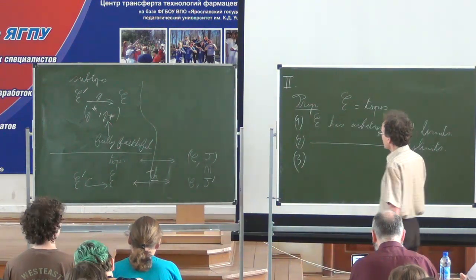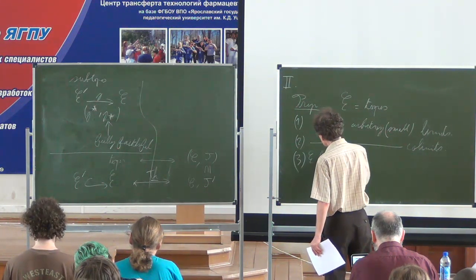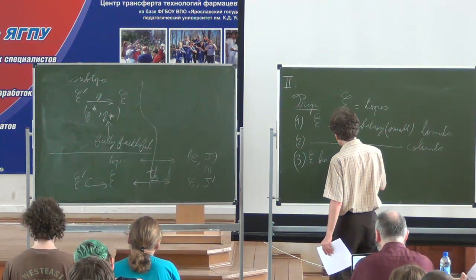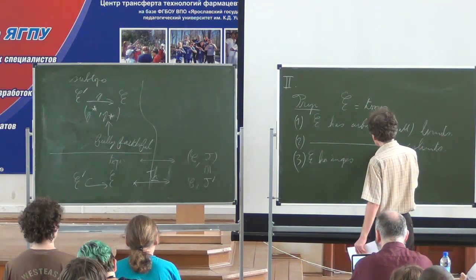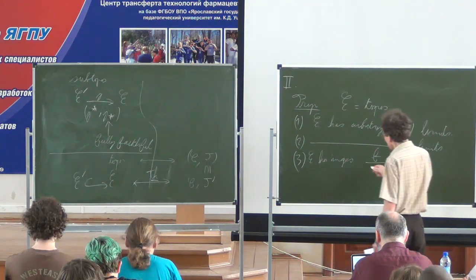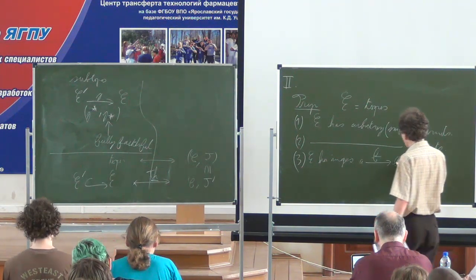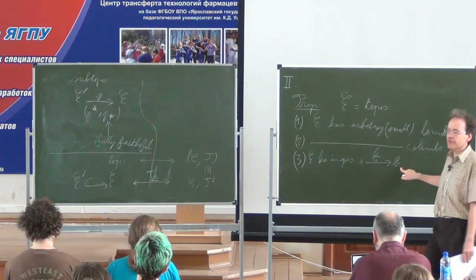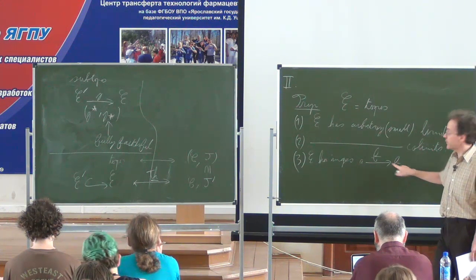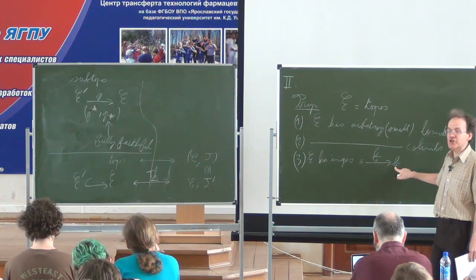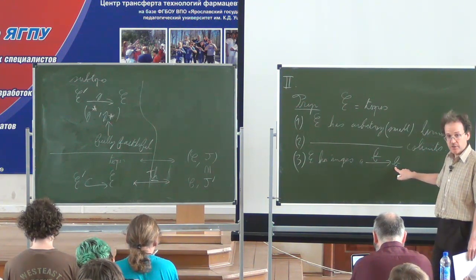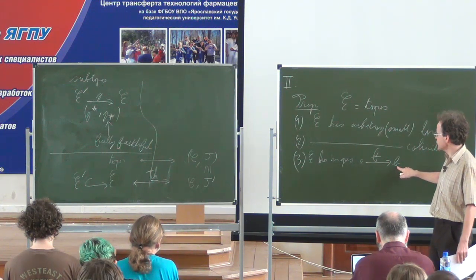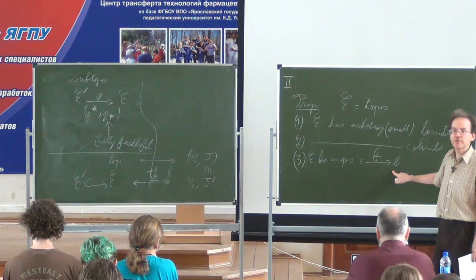The third property is that it has images. So if you have a morphism in your topos, then there is a notion of image of this morphism. So what is the image? You consider the subobject of B through which the morphism factorizes.